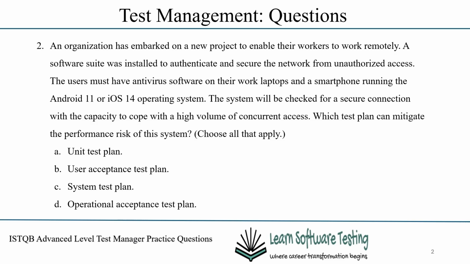The system will be checked for secure connection, the capacity to cope with a high value of concurrent access. Which test plan can mitigate the performance risk of this system? Choose all that apply. So again, you have your answer sections A to D. You have a go at selecting your answer choice, and please share in your comment section.